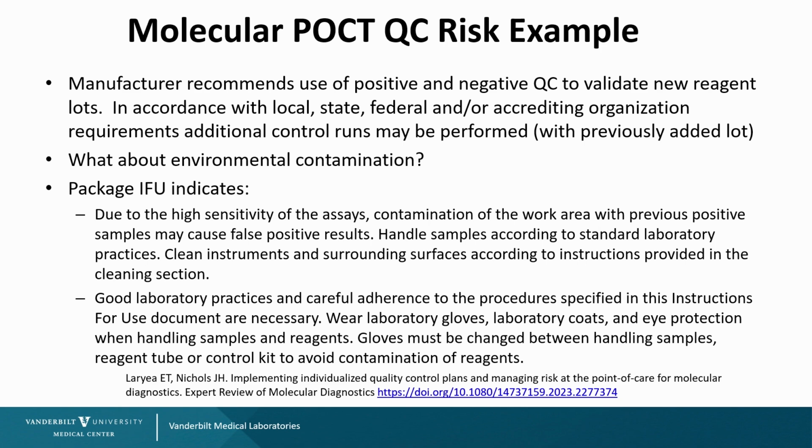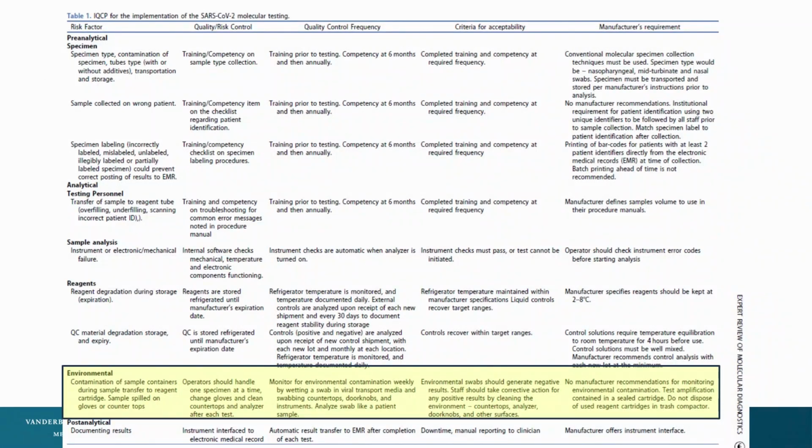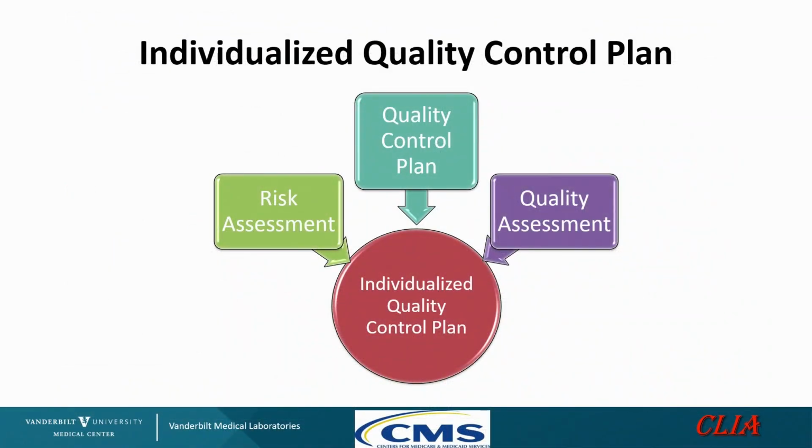Lo and behold, things worked very well with this. This was our risk management table, and you can see in yellow the risk of contamination, and we implemented those environmental controls, despite the fact that the manufacturer didn't have recommendations like this. That was something additional that, as an institution, we implemented.